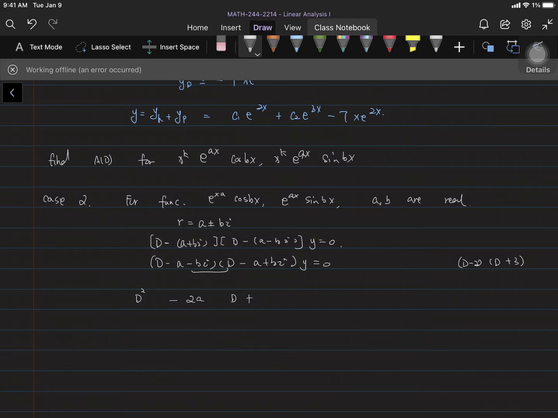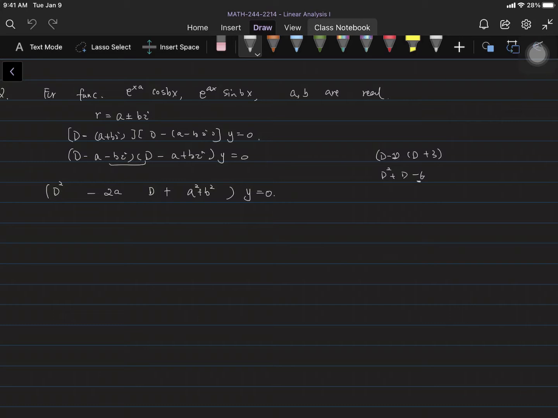How do you expand them? D squared, and the middle term is the sum of those two numbers, so plus D and negative 6, and this is the product of those two. So the product of those two numbers should be a squared plus b squared. Okay, a squared plus b squared, y equals 0.